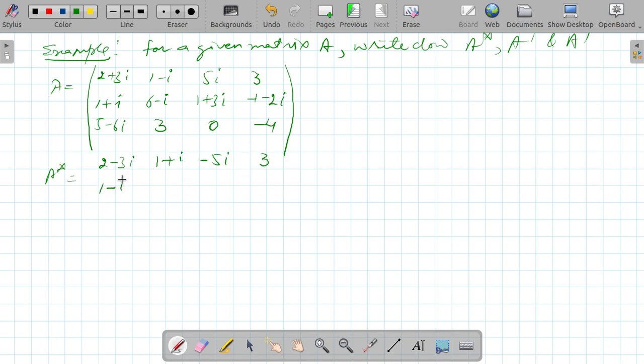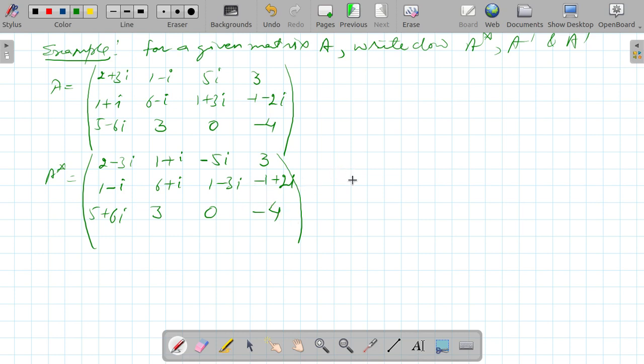It is 1 minus iota, 6 plus iota, 1 minus 3 iota, minus 1 plus 2 iota. It is 5 plus 6 iota, it is 3, 0, the negative sign, minus 4.